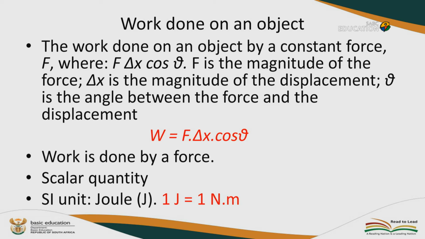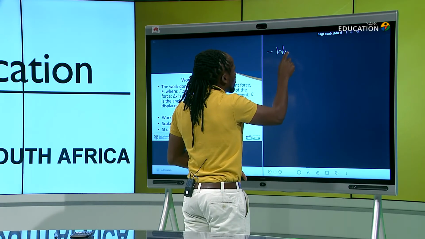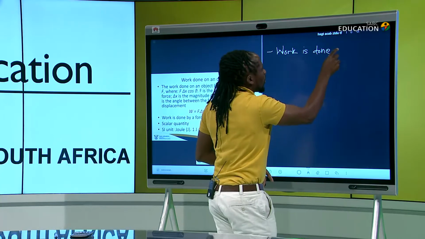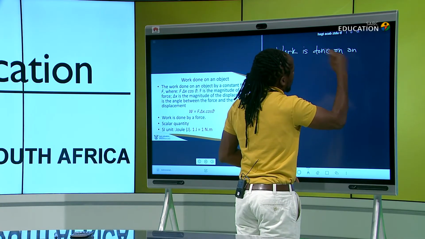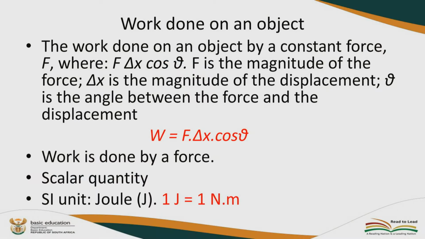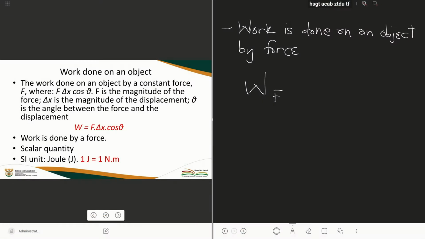So number 1, work is done on an object or a body, by a force, okay? So a force essentially does work on an object. Now, for work to be done, a force must act on an object. In other words, work is done by a force on an object.